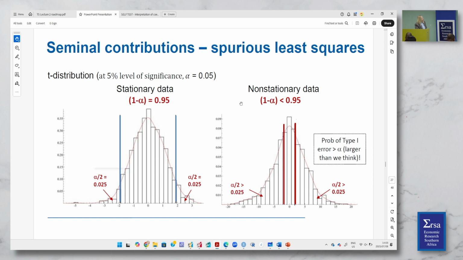But if it's non-stationary data, we can see the area to the right of 2 is much larger. So this aligns with that Granger and Newbold finding that the t-stat should actually be 11. But instead of now going to our results and just using a t-stat of 11, that's not how we fix the problem.